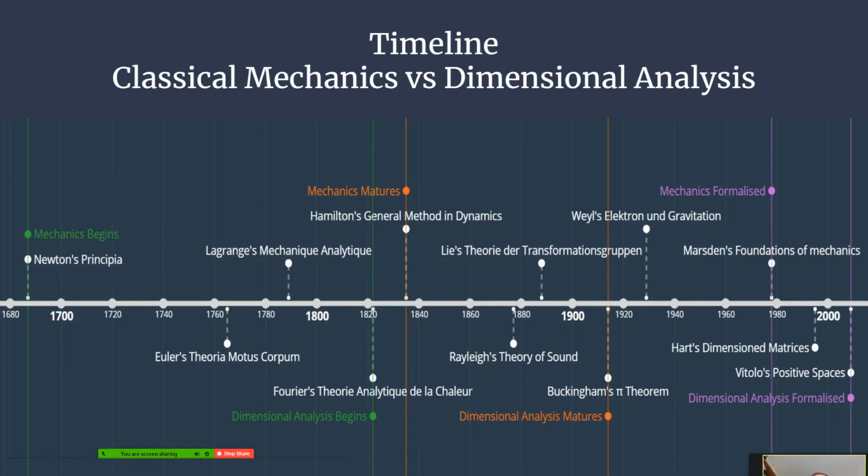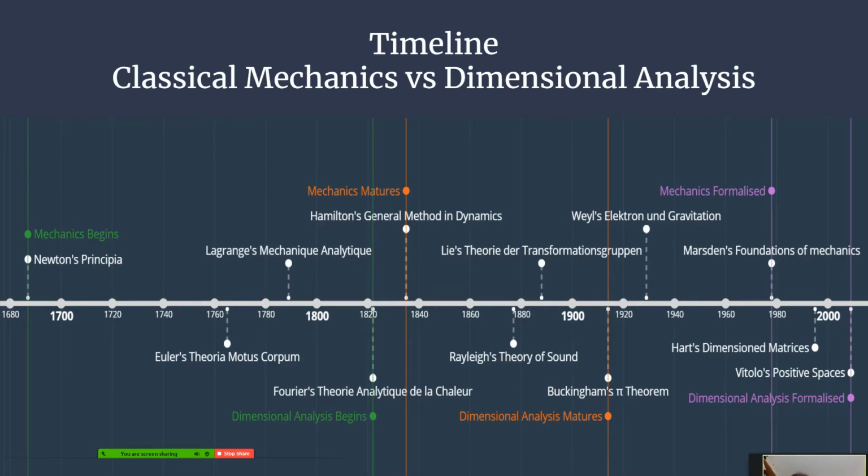So around the 70s, where differential geometry was coming into its own and all the geometric mechanics, dimensional analysis was still being discussed and some work was being done precisely by Hart, but nothing mainstream or nothing well understood was out there for people to use.